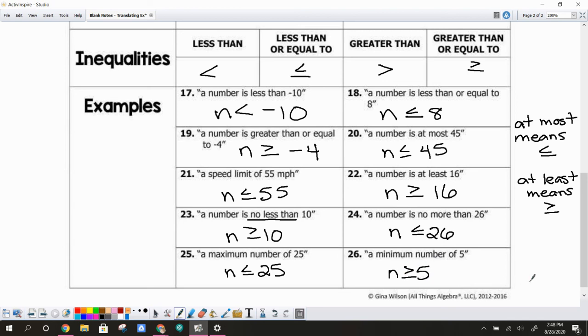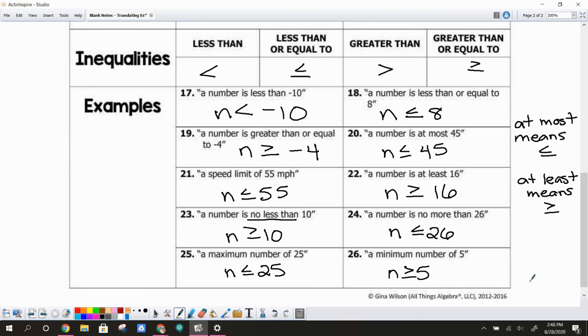Okay, so you just need to really think about what these words mean and think about how they would be used in real life in order to have an easier time understanding what symbol you need to use. So you really just need to use your common sense and think about, well, what is this sentence telling me? Break it down if you have to. And for now, you get to use those keywords.